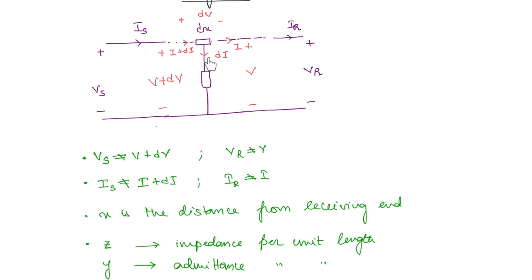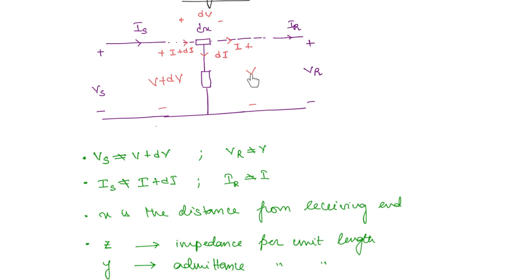Now this dI that is present here, the elementary current, you can approximate as the voltage across this into the admittance, right. Now what will be the admittance? We have taken y to be the admittance per unit length. So for dx length of the transmission line, the admittance you can take as y into dx, and for the voltage it is either V plus dV or V. We can approximate it as V because dV is very small.